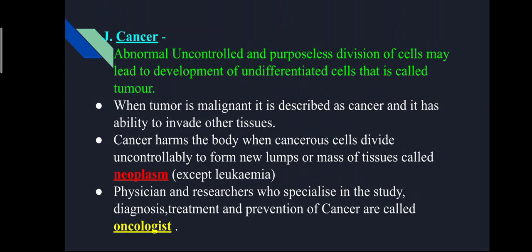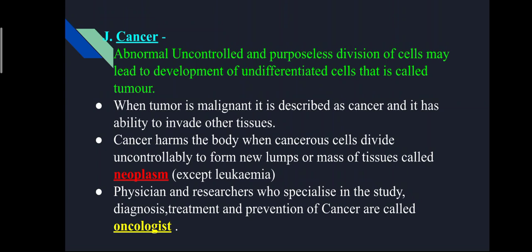When tumor is malignant, it is described as cancer. Malignant, that means it invades the other tissues or neighboring tissues. That is known as malignant, and it is uncontrolled.